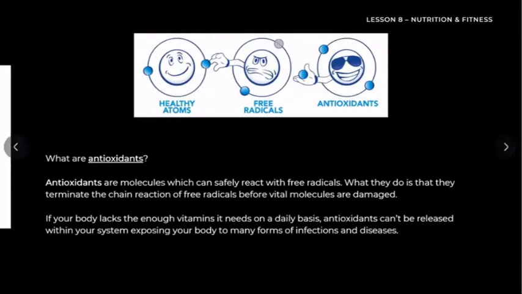Then what are antioxidants? These are molecules that can safely react with free radicals. What they do is terminate the chain reaction of free radicals before vital molecules are damaged. If your body lacks the vitamins it needs on a daily basis, antioxidants cannot be released within your system, exposing your body to many forms of infections and diseases.